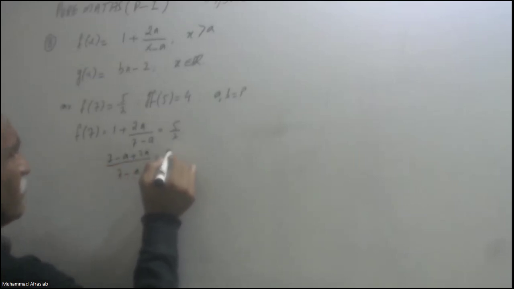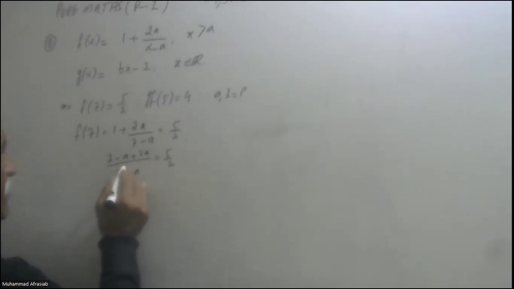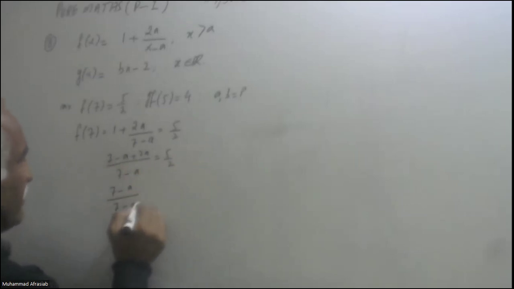Let's say it is equal to 5 over 2. Then if you take the LCM, 7 minus a plus 2a over 7 minus a is equal to 5 over 2. Now you cross multiply.